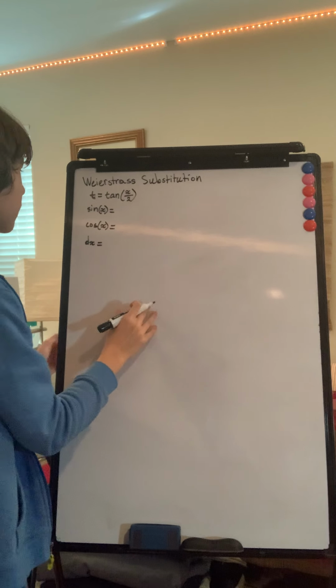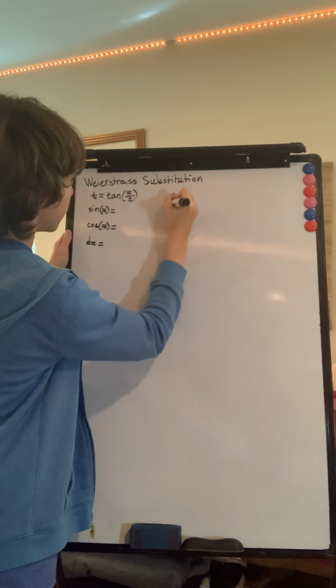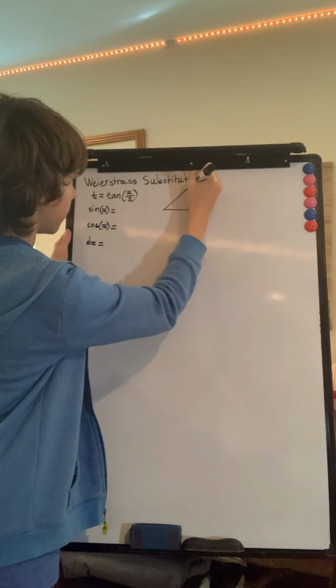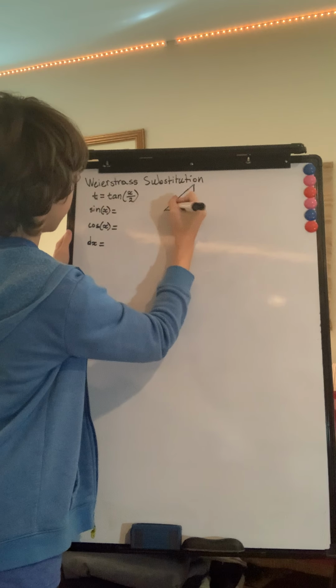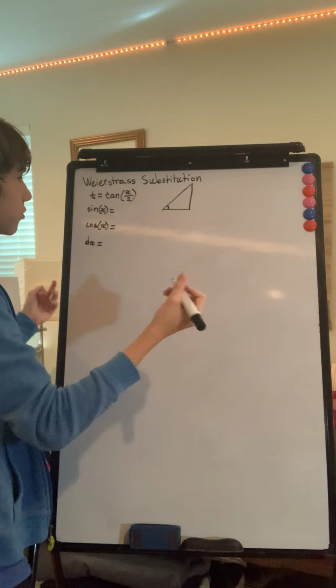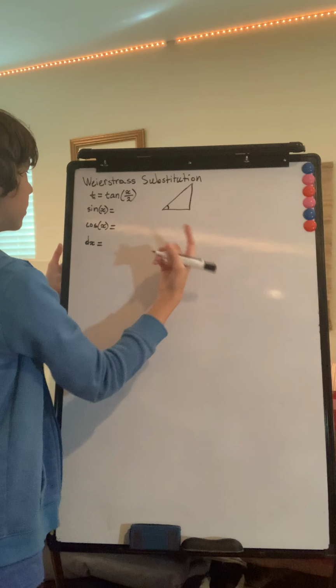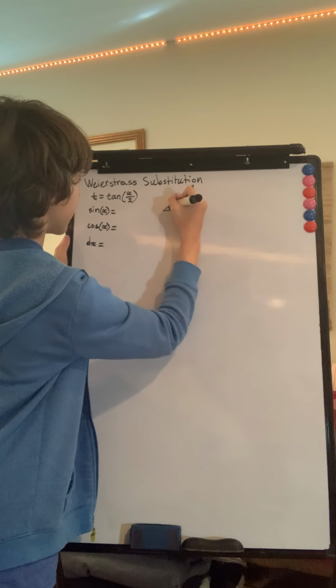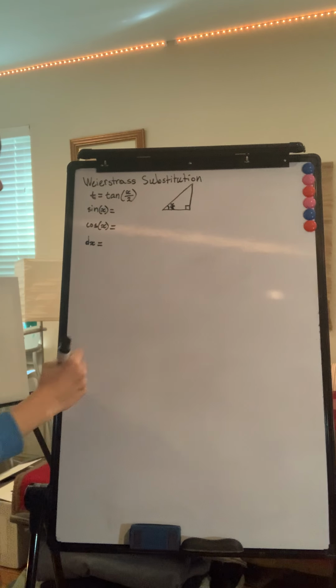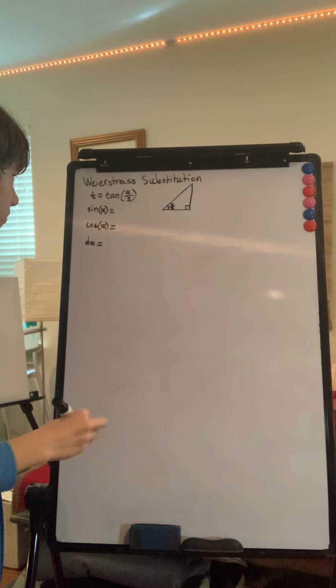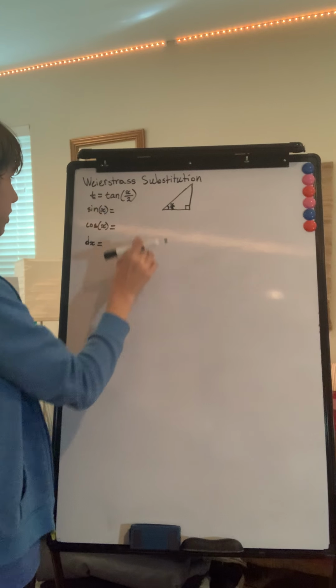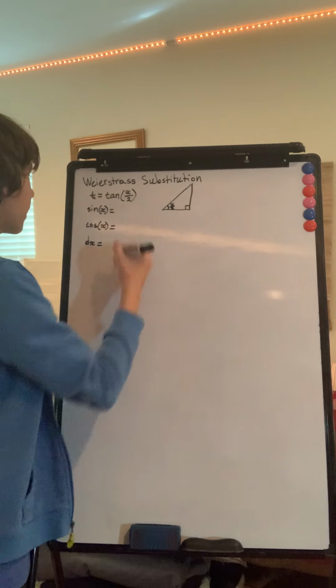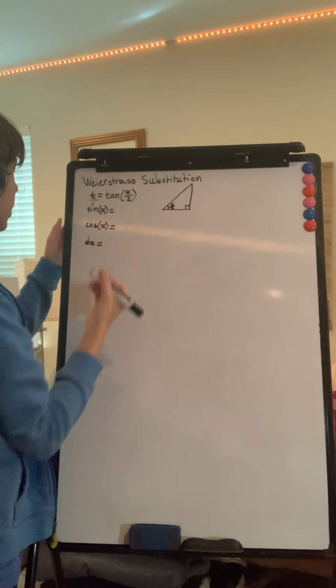So let's get started. To start off, it's a good idea to draw a right triangle, right? Because we're dealing with tangents and different trigonometric identities. So let's see what we can do here. Obviously, a right triangle, and in this case our angle is x over 2. Now, what is tangent of x over 2? Well, note that this is just t over 1, equivalently.